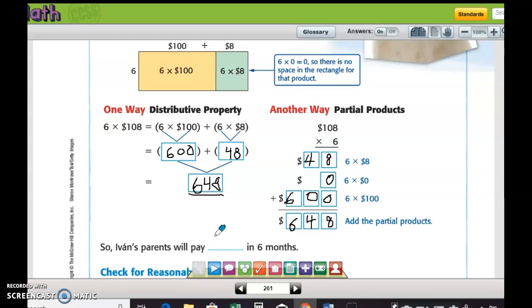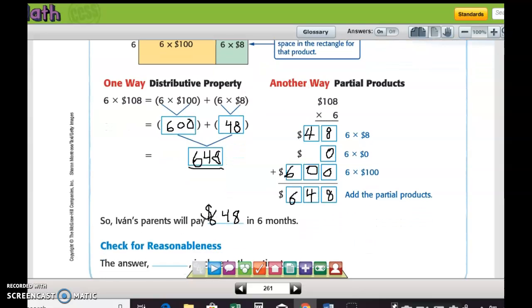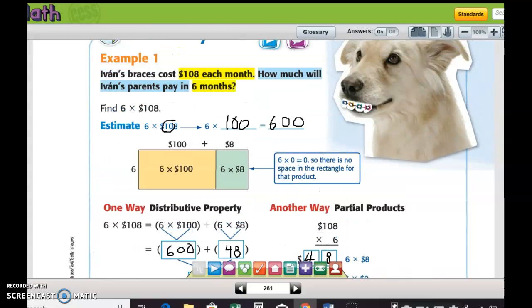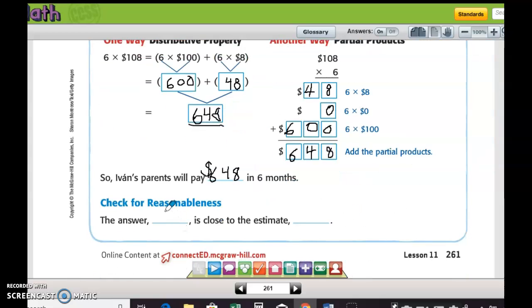So Ivan's parents will pay $648 in 6 months. Okay, now I'm going to go back because I see it asks to check for reasonableness. The answer is 648 and our estimate was 600. So, yes, 648 is close to my estimate of 600.